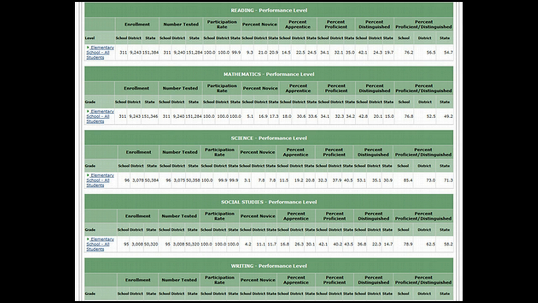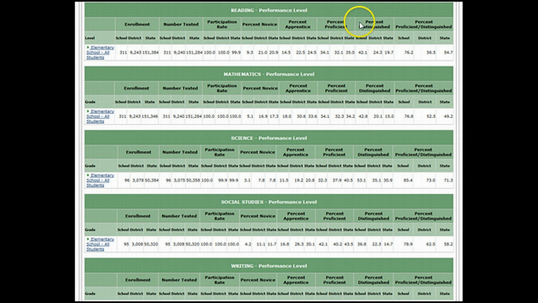This shows the enrollment, that is the number of students that were tested in the school, compares that to the number tested in the district and across the state, shows the participation rate for the school, district, and state, shows the percentage of students who were rated at the novice level at the school, at the district, and at the state, and the percentage of students that rated as apprentice for the school, district, and state, and the percentage proficient, and the percentage distinguished.